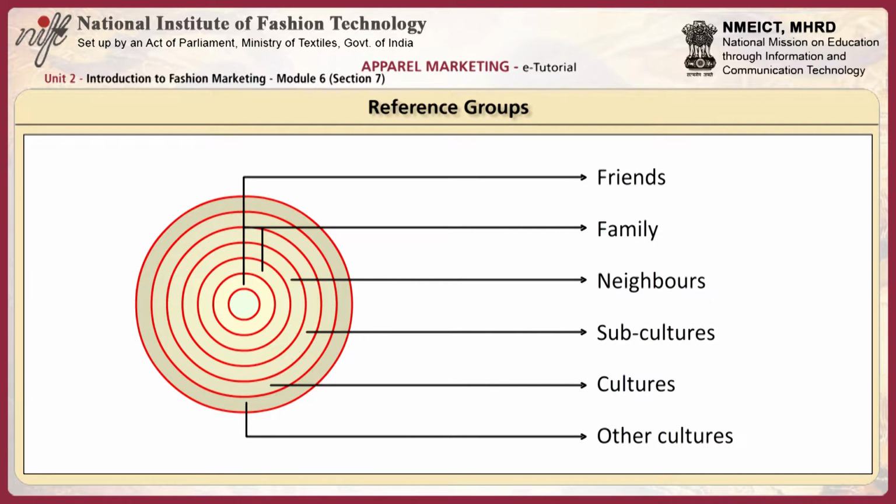Marketers tend to be more successful at influencing such groups, as they are more easily identified and accessible, and would listen. The informal group is small and informal, such as a group of friends, or students living in a dormitory, or people who meet at the bus stop for some time every day and then go away. For marketers these groups may not be of much use, but sometimes they can be of use for word of mouth. Whatever it is, there are formal and informal influences by the reference groups.